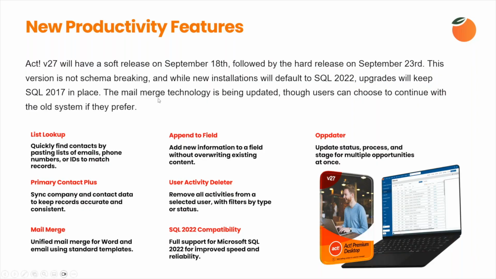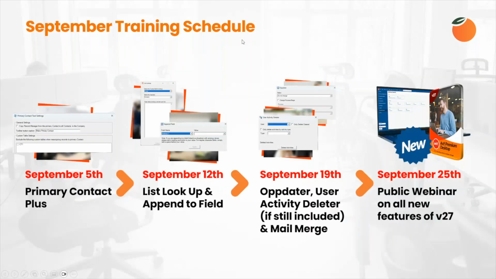As for the training schedule, today we're going to be covering Primary Contact Plus. Next week, we're on the same bat time, same bat place. We'll be covering list lookup and append to field. I'm not going to get into those, but I will tell you a lot of people, especially on this call, are thoroughly going to enjoy list lookup because I know a lot of people download the welcome kit to use that multi lookup field.